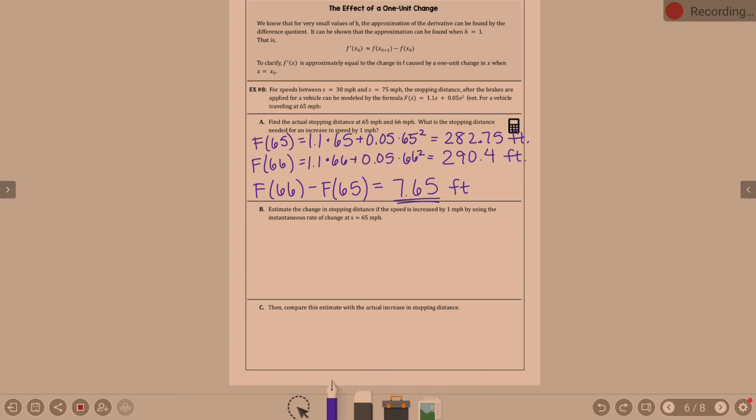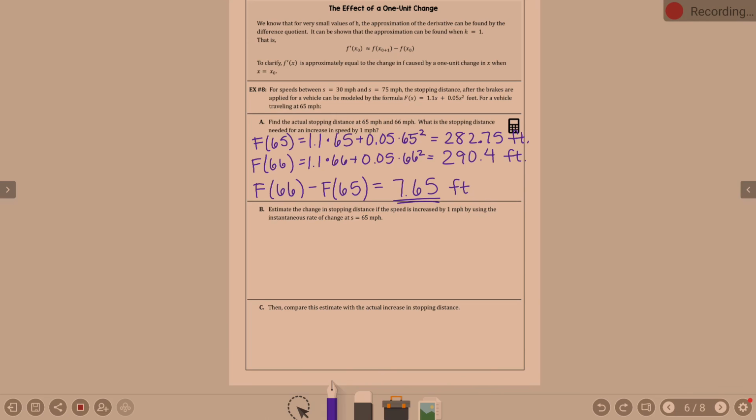Now, instead, they're asking us to do instantaneous rate of change. What are they saying there? How do they want us to do this? Instantaneous rate of change is represented by the derivative. Yep.